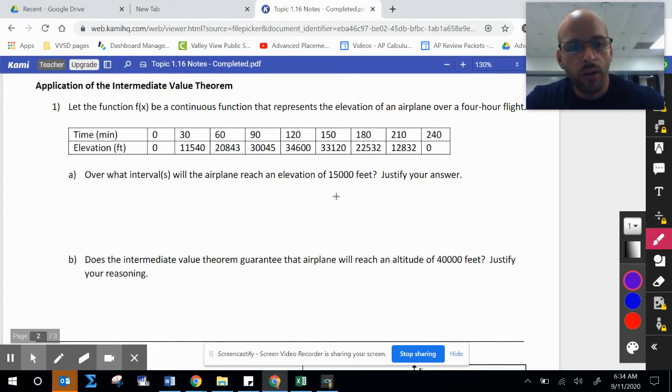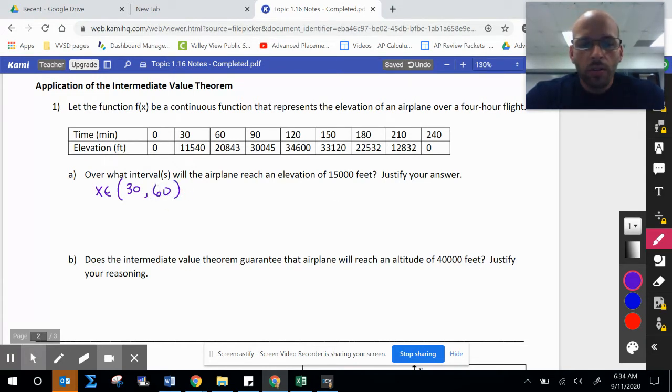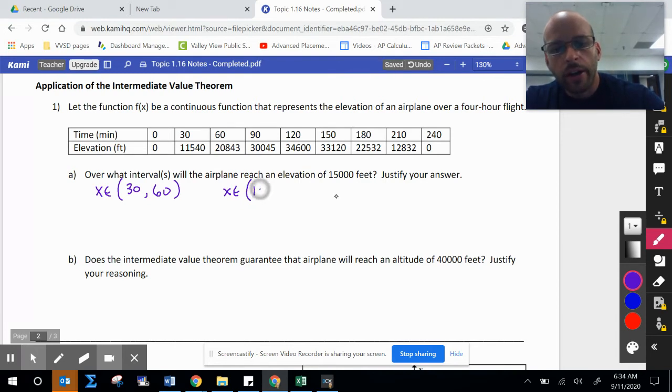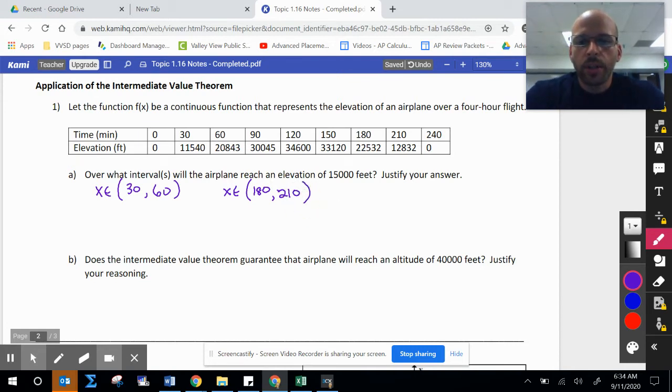Now we're dealing with f of x, so my first interval is going to be some x within 30 minutes to 60 minutes. So some x value within that interval. Now I can also say that it's going to occur from 180 minutes to 210 minutes. It's going to occur between those values.